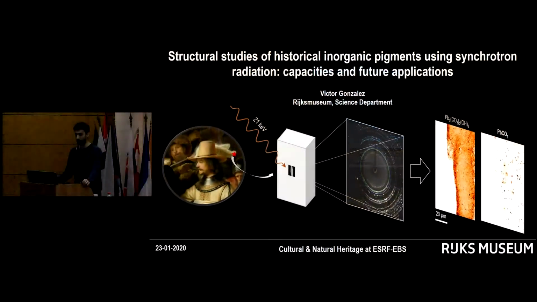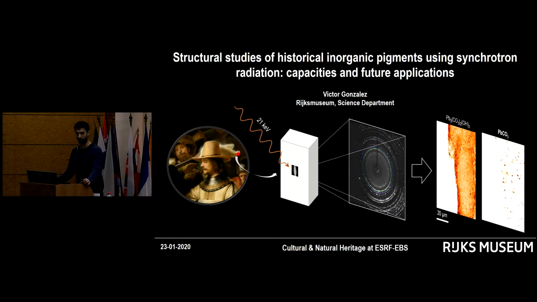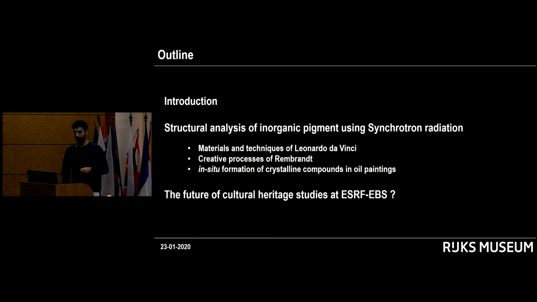And today we are back to structural studies that Koen Janssen already discussed yesterday, but I'm going to present to you some other cases which you might find interesting. Today, I'm going to try to convince you that synchrotron radiation, and most specifically structural studies using synchrotron radiation, can bring us some answers to questions that we have when we are dealing with historical paintings, and most specifically inorganic pigments.